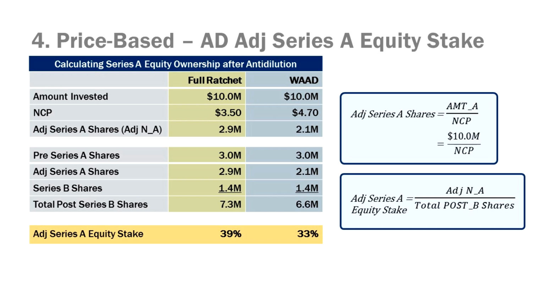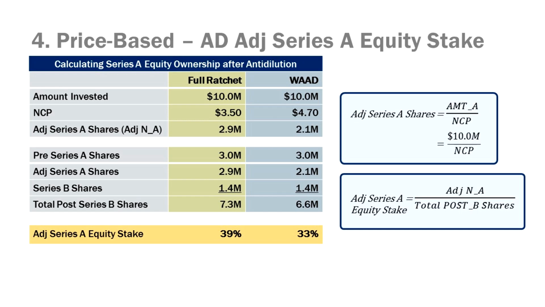Thus, the small increase in Series A shares to 2.1 million is the result of a relatively small adjustment for anti-dilution. Note that under either form of anti-dilution, no capital is returned to the investor. Rather, the Series A investors simply receive more shares. The goal of anti-dilution is to protect the Series A ownership stakes from dilution as future funding rounds occur.